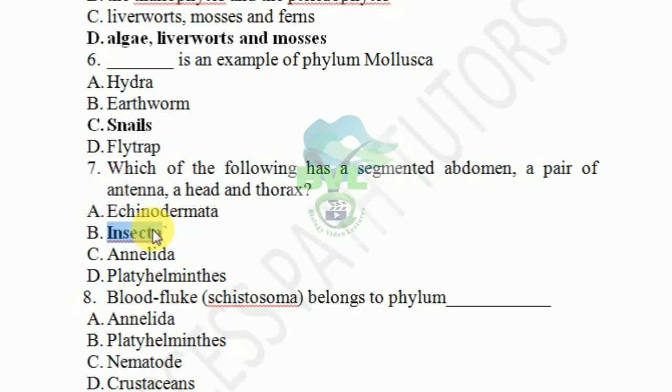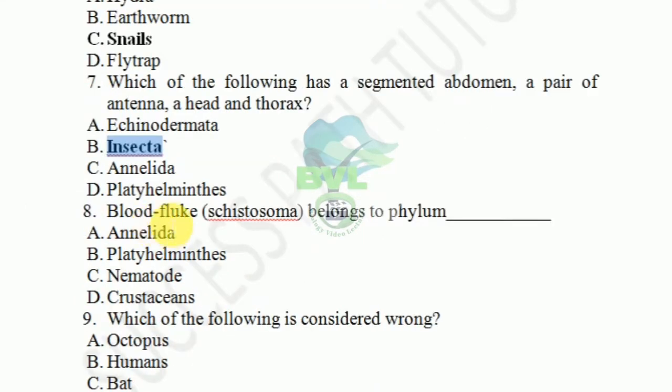I hope you're getting that right. Blood fluke, otherwise called Schistosoma, belongs to phylum Platyhelminthes. They are generally called flatworms.